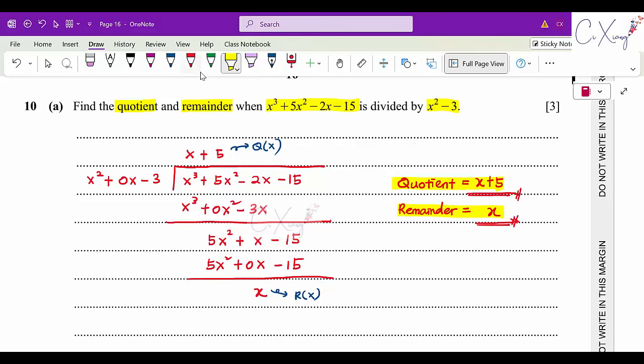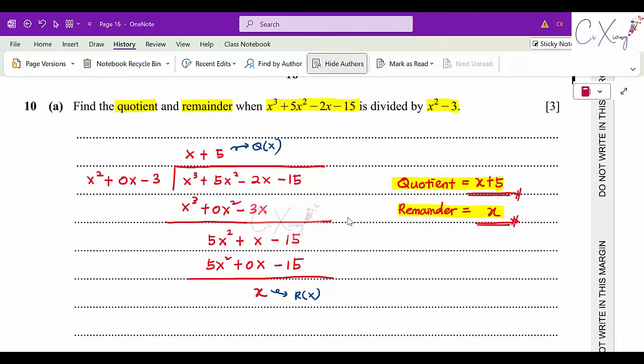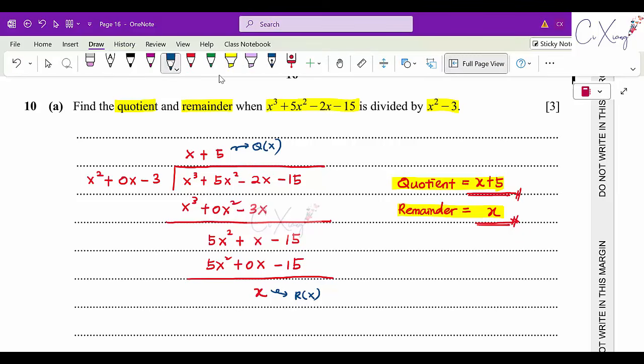If in the question they want us to write out the equation that involves polynomial division and the quotient, we should know that it can be written like this. Let's say this is px, then this is the divisor. So px is equal to the quotient multiplied with the divisor plus the remainder.